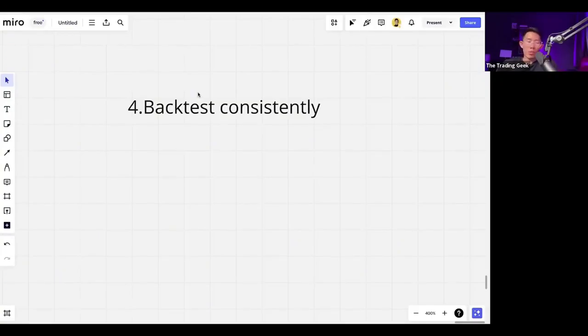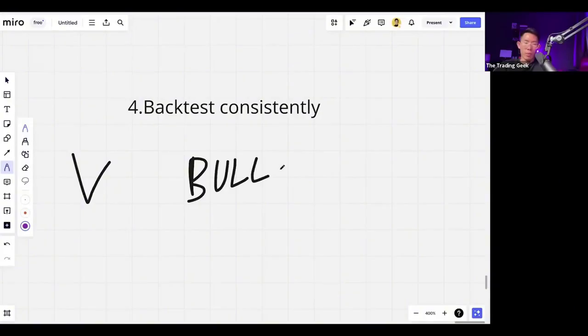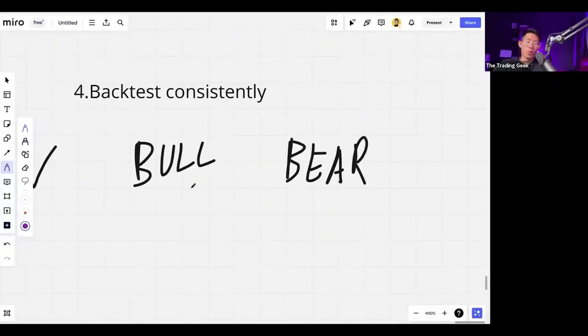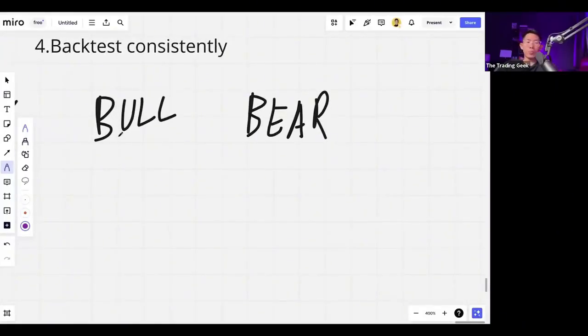There's a few phases of the market. There's the volatility part of the market. Okay, so let's say there's a bull market and a bear market, right? A bear market could be a huge, long-term downtrend, and a bull market could be a long-term uptrend.